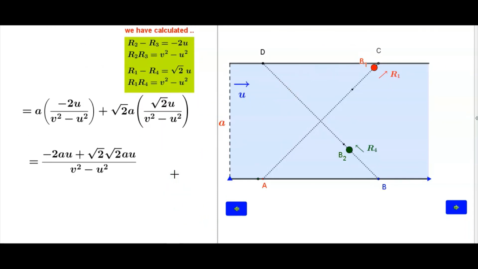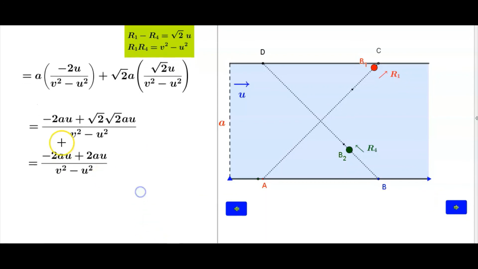When we simplify further, the LCM is V squared minus U squared in the denominator. In the numerator, minus 2AU plus root 2A into root 2U, which is 2AU. Therefore, this is minus 2AU plus 2AU over V squared minus U squared.